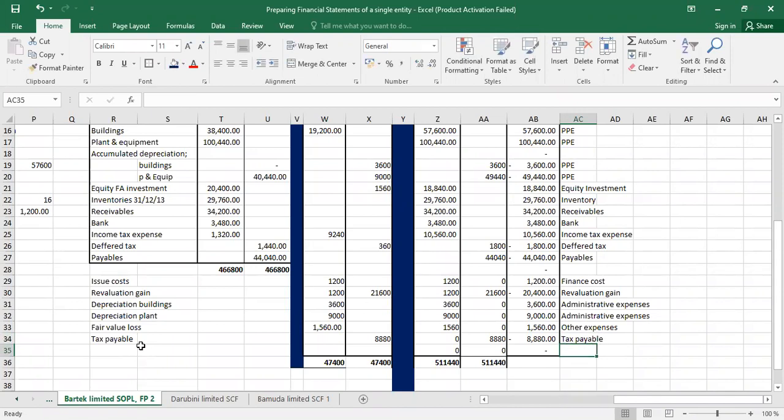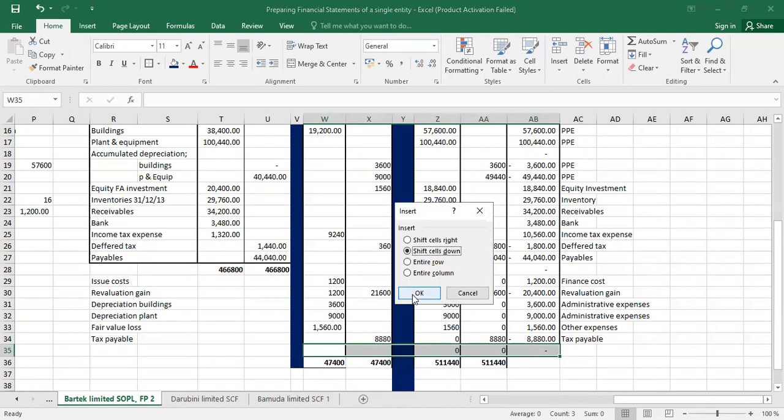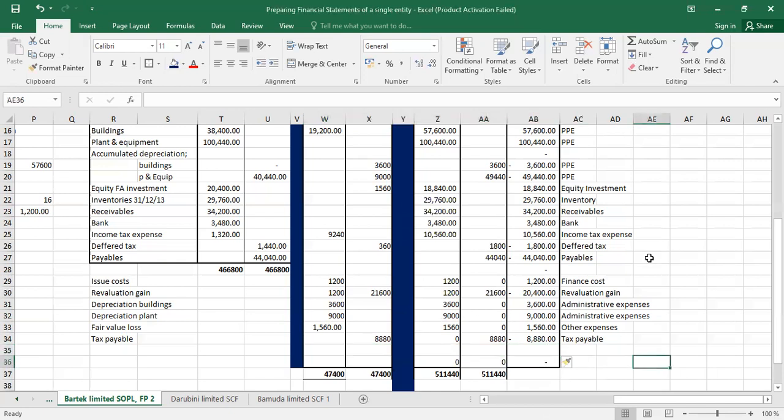And it's like we are forgetting something. You see, we had also the part of, so I'll just select from here, then Control Shift Plus, move cells down. Isn't it?